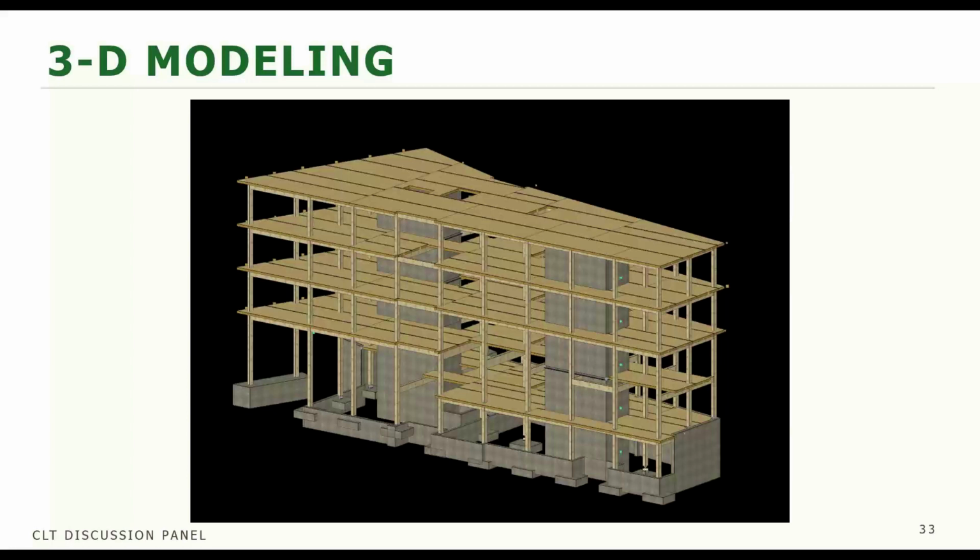In order for any project to get started, what we like to do is take 3D models of these wood products. We're modeling not only glulam beams and columns, but the cross-laminated timber panels. And this is the model of that Block 76 project that I showed at the very beginning.